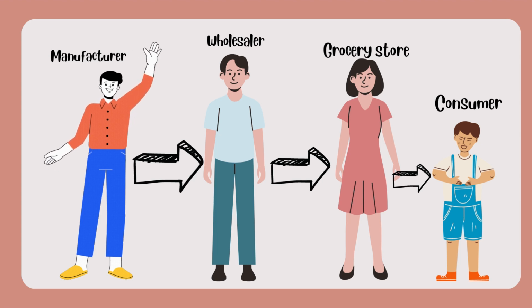Now, what is so different that we did here that we didn't do before? Let's see. The government gets the tax on value added by each participant, which means the manufacturer added 100 rupees to the chips packet and 12 rupees tax. Next, the wholesaler added 50 rupees value and 6 rupees tax.